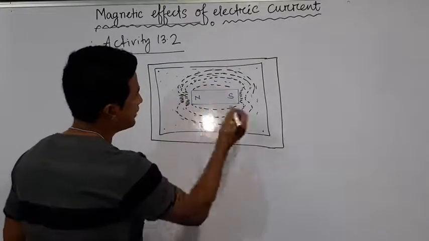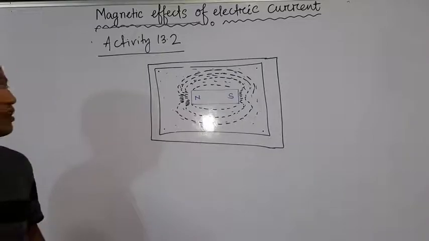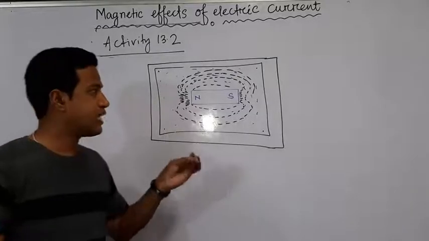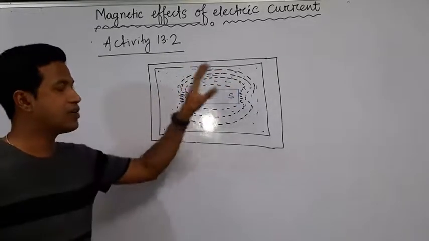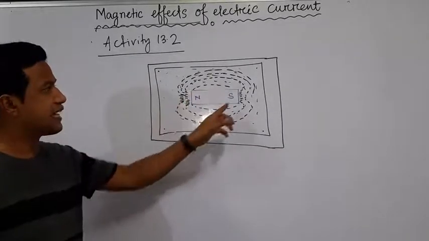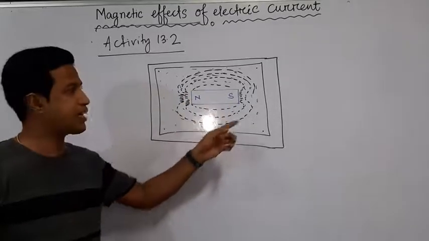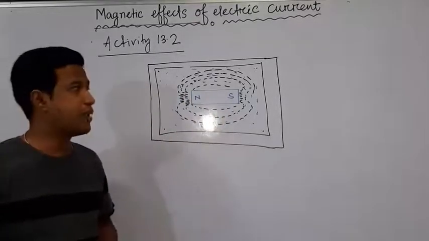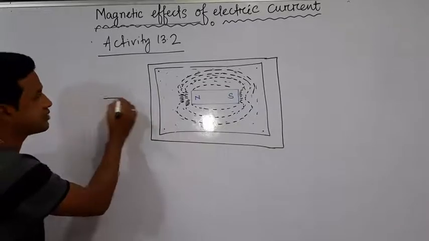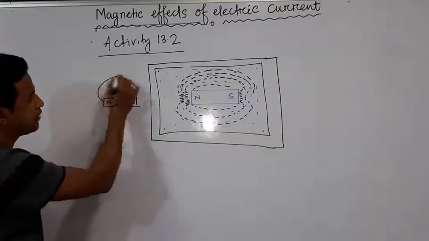So from this activity, we found that when iron filings are spread around a bar magnet, they create a structure like this, and these are the magnetic field lines of the bar magnet. A simple example is like this: suppose this is the North Pole and South Pole, and the fields are like this.